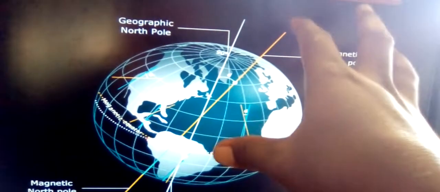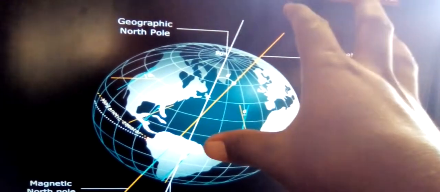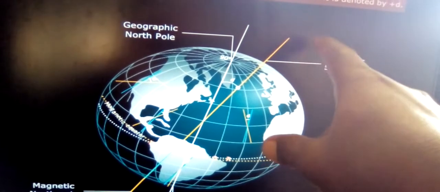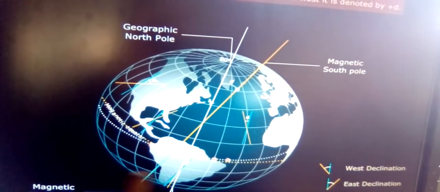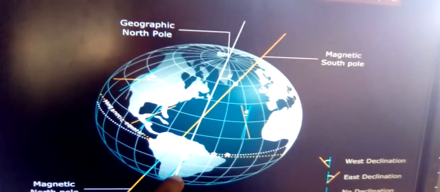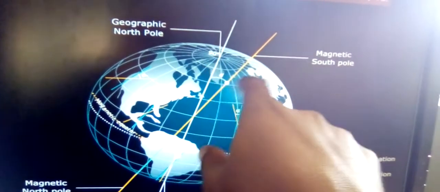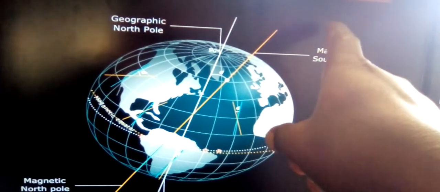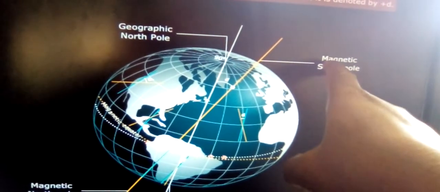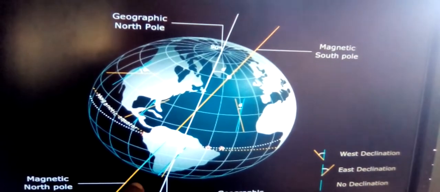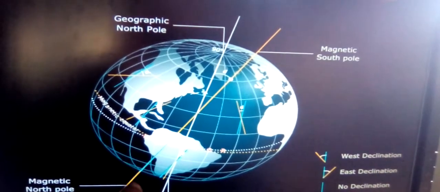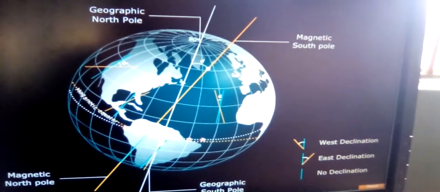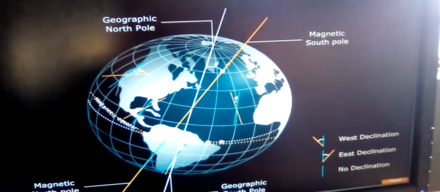The Earth behaves as if it has a permanent big magnet, so its north pole is in the southern hemisphere. This is called the geographic south, and this is called the geographic north. So this is where the south pole of the Earth's permanent magnet is located, and this is where the north pole of the Earth's permanent magnet is located.